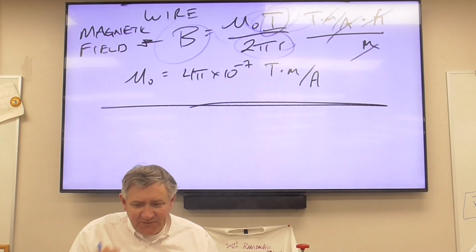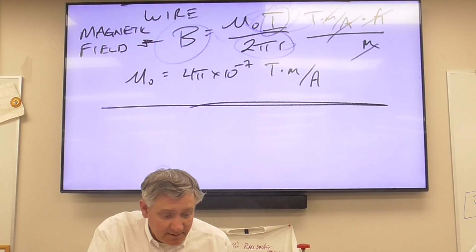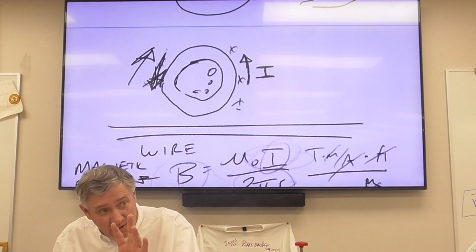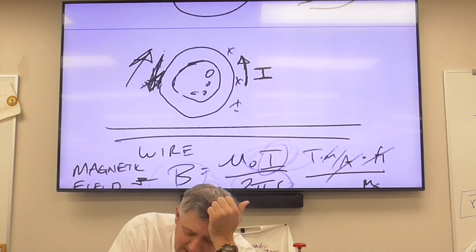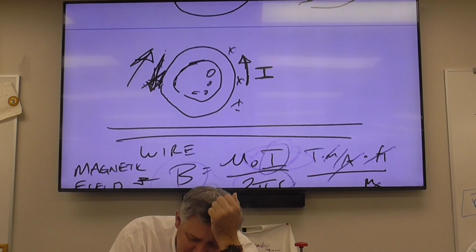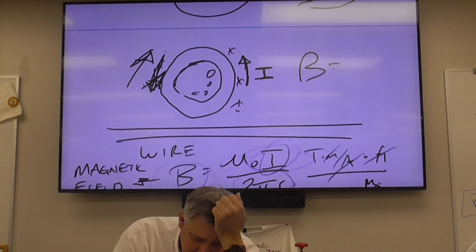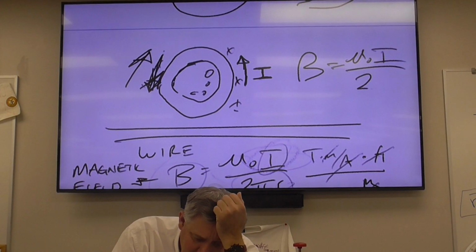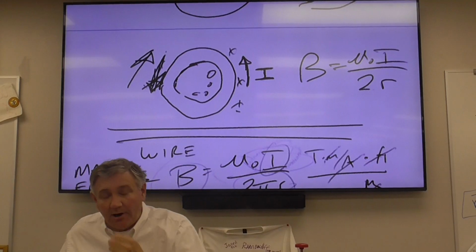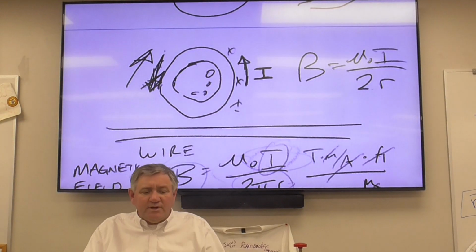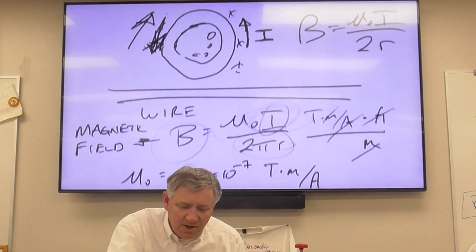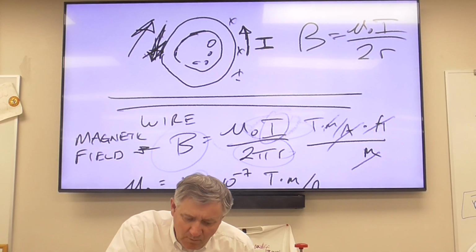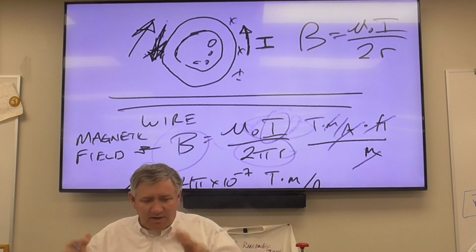Now, if it is a ring, like this, this is in your book, but it's not on the equation sheet. It gets a little bit weirder, but it's not bad. It's the same thing, but there's no pi, it's just 2r. The two equations are basically identical. If it is a straight wire, you're talking about the circumference.